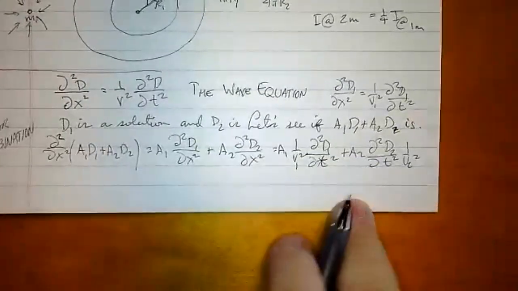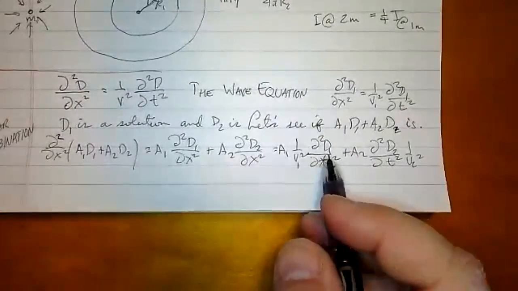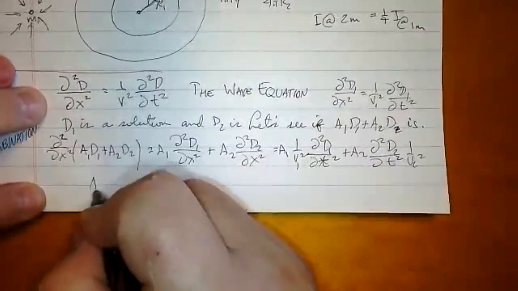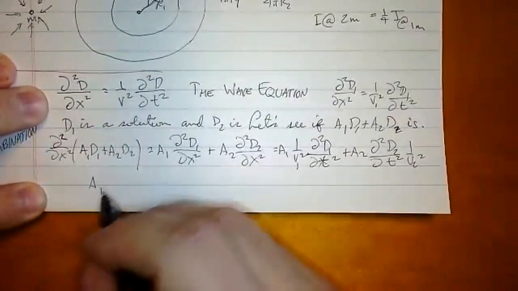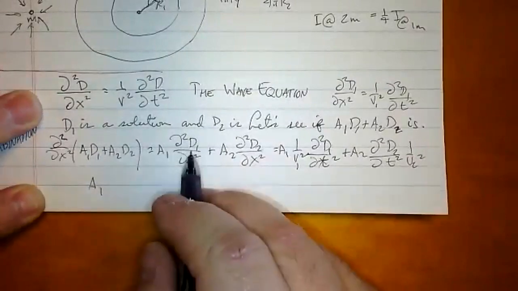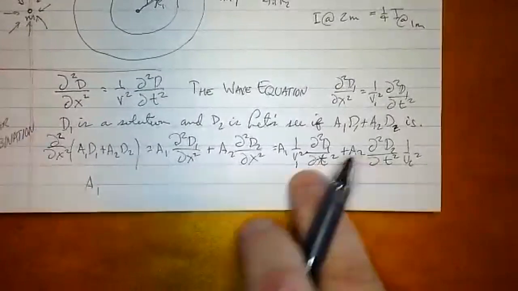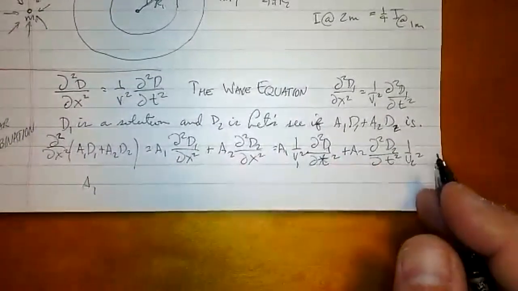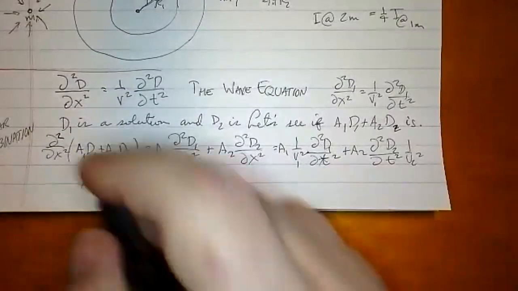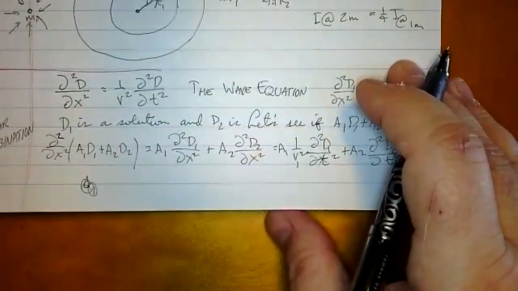Okay. So from that, you see, yes, clearly, because I can group these A's. So you see that automatically this is solved. So now we can see that this equation, this wave equation, is what we call a linear equation.